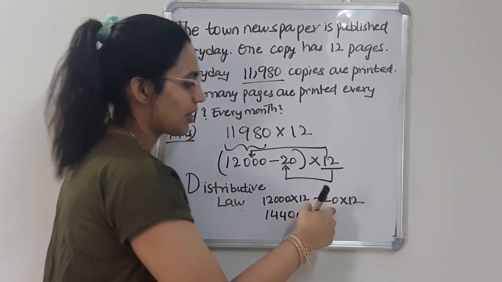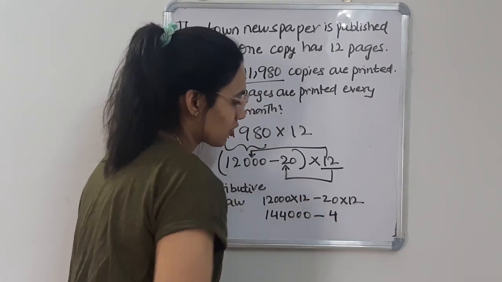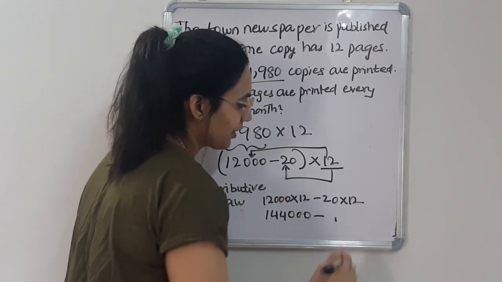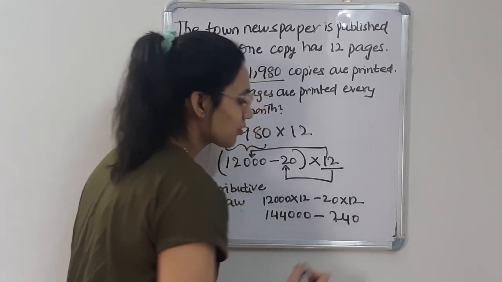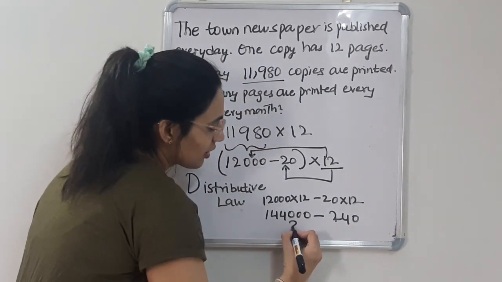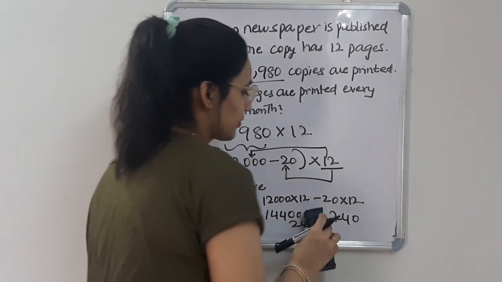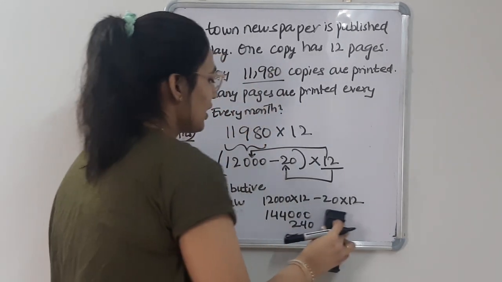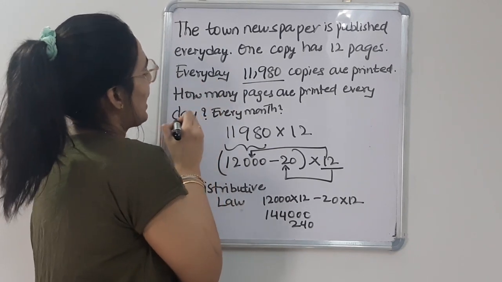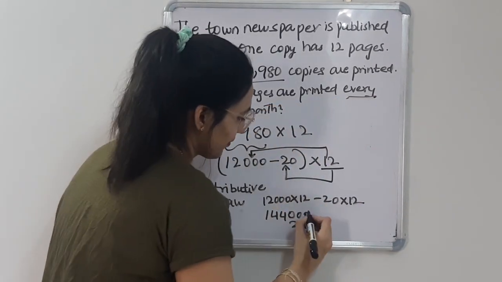There is a 0 minus, is it not 240? 12 2s are 24, 240. Now subtract this and we will get the answer for every day.